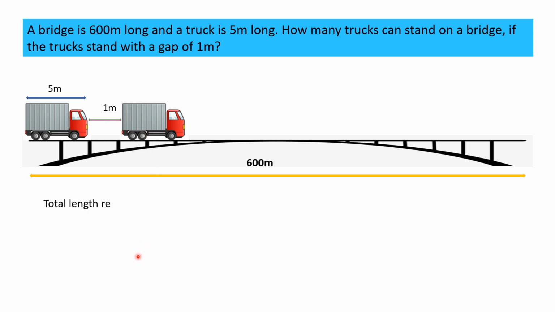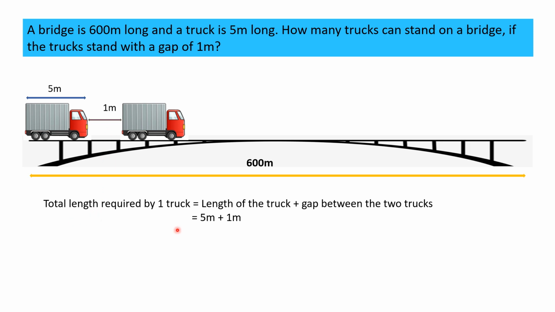So total length required by one truck is equal to length of the truck plus gap between the two trucks. Length of the truck is 5 meter. Gap between the two trucks is 1 meter. Therefore, total length is equal to 5 meter plus 1 meter, that is 6 meter.